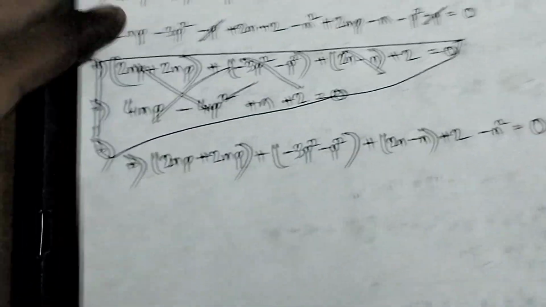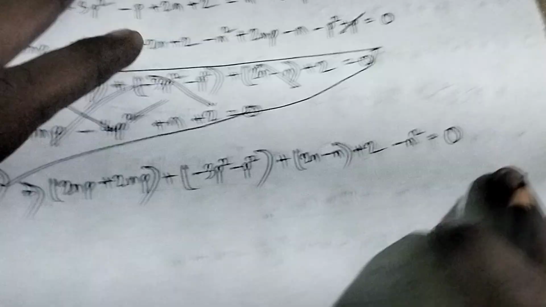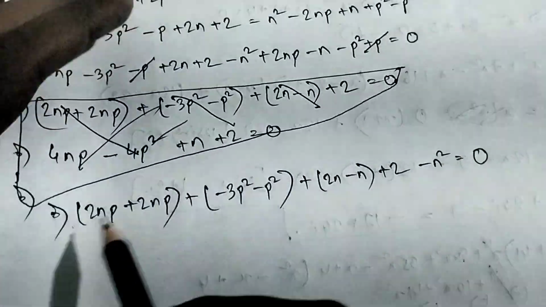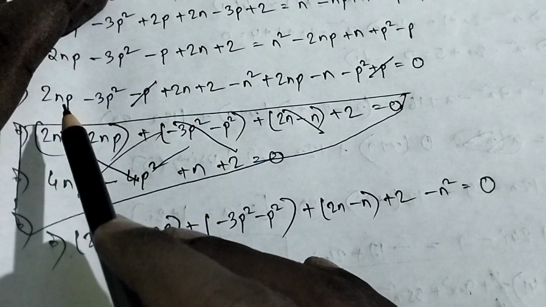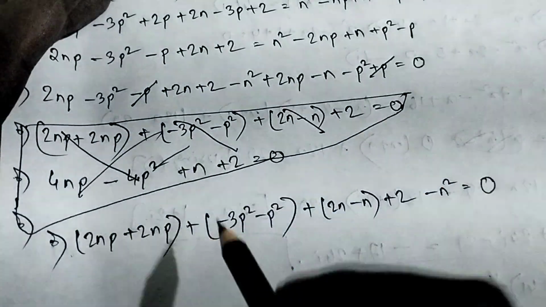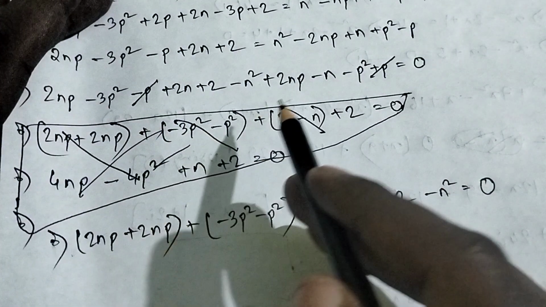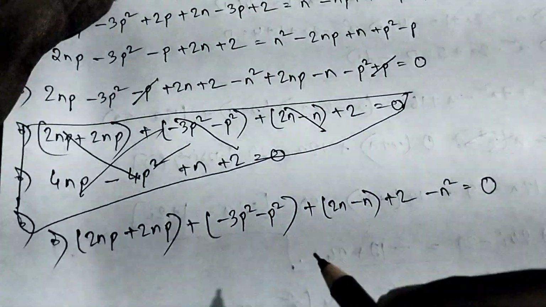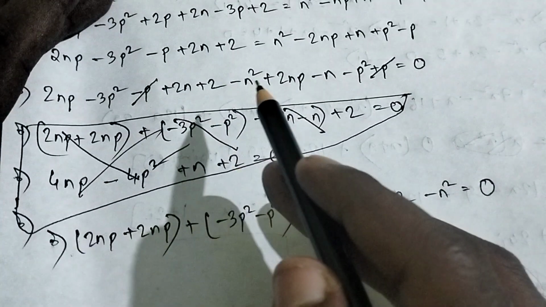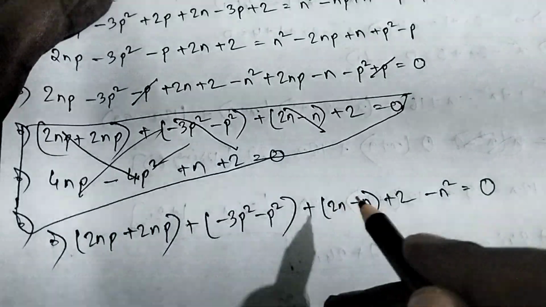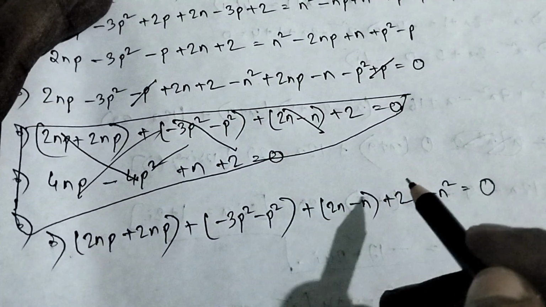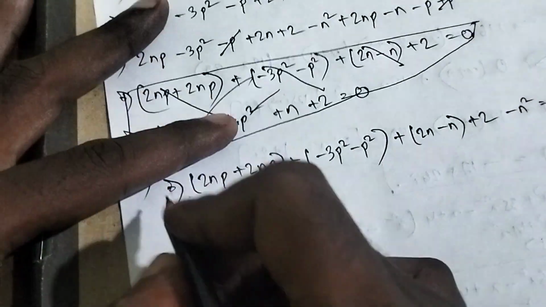Clear? Okay, see, 2np plus 2np, minus 3p square minus p square, 2n minus n, then plus 2, then minus n square is equal to 0, okay.